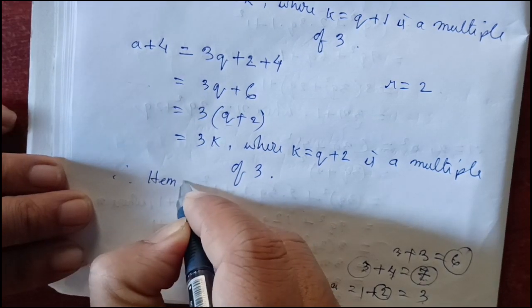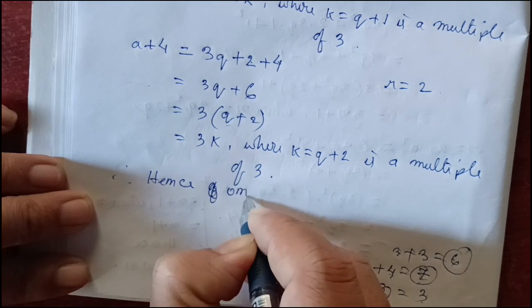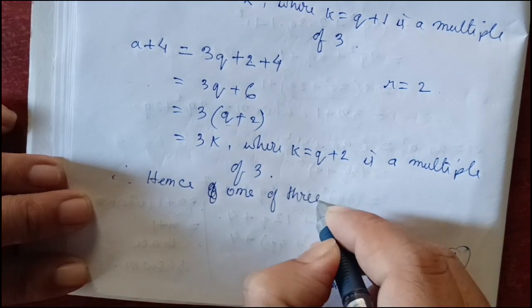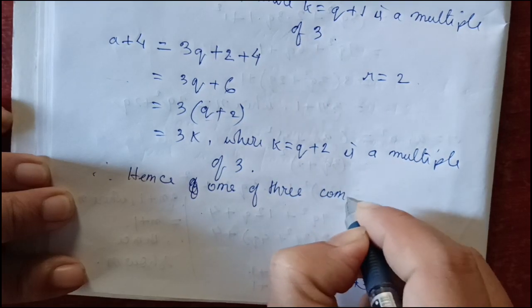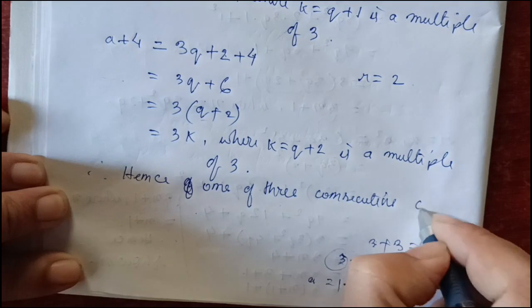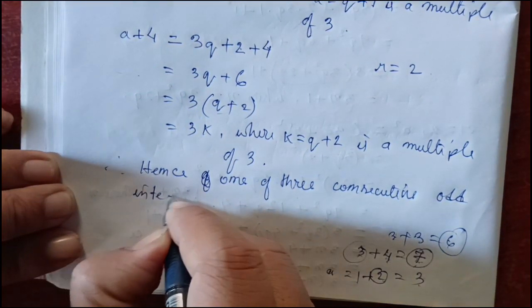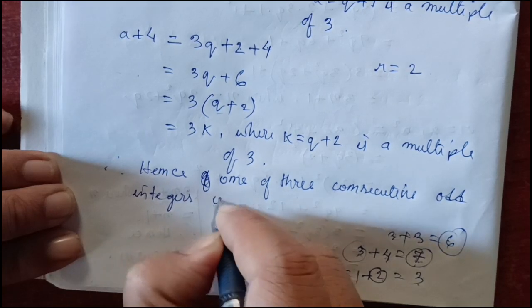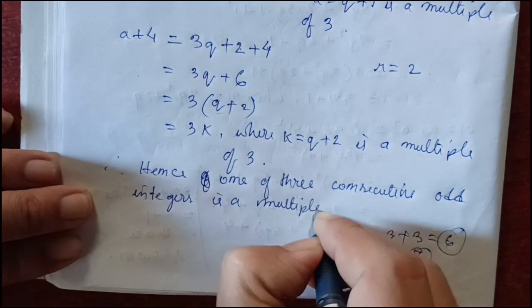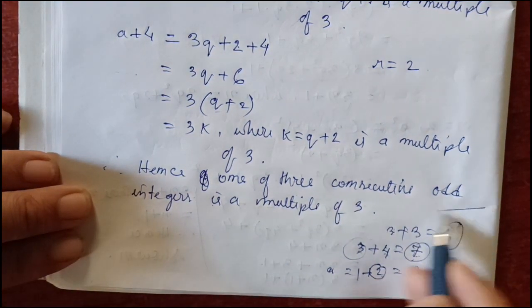Hence, one from the question, hence one of 3 consecutive odd integer is a multiple of 3.